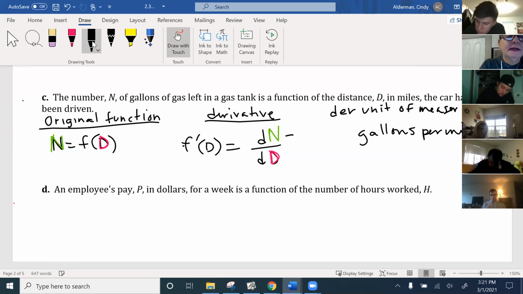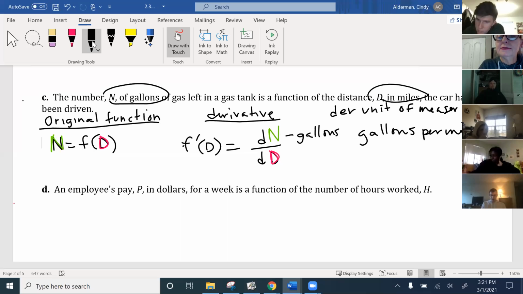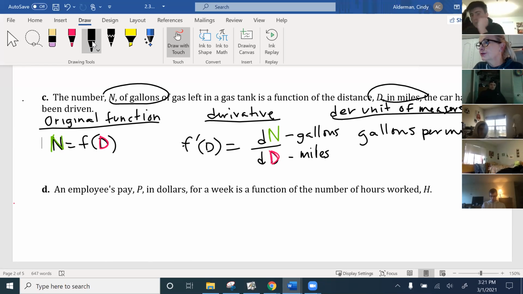So up here, N is in terms of gallons, right? And D is in terms of miles. But if I'm asking you for the unit of measure for the derivative, you're going to give it to me in a something per something, or a rate.